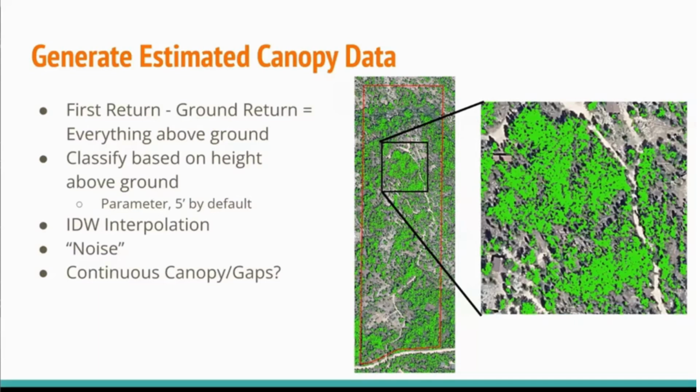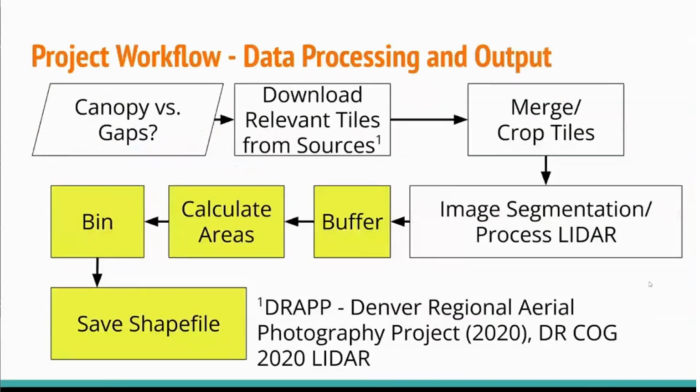The raw canopy data has a lot of noise in it, which makes sense. There's gaps in between leaves and branches, but that's not really useful in terms of what we're trying to accomplish here. We don't need a bunch of small gaps identified. We want continuous canopy and then continuous gaps. So there's a cleanup process that we did using spatial analysis to resolve this issue.